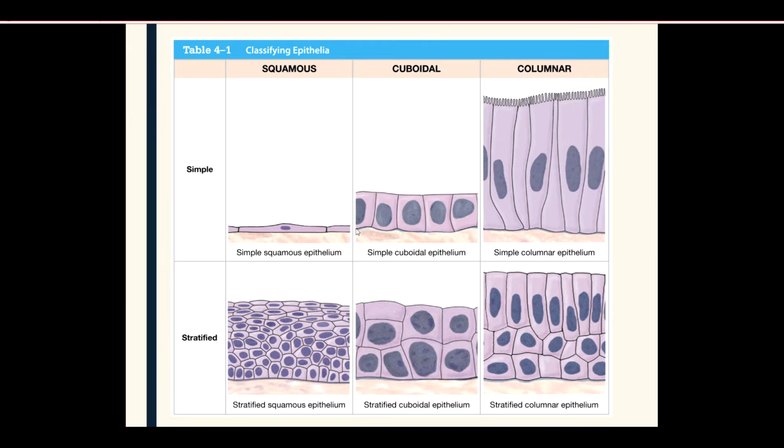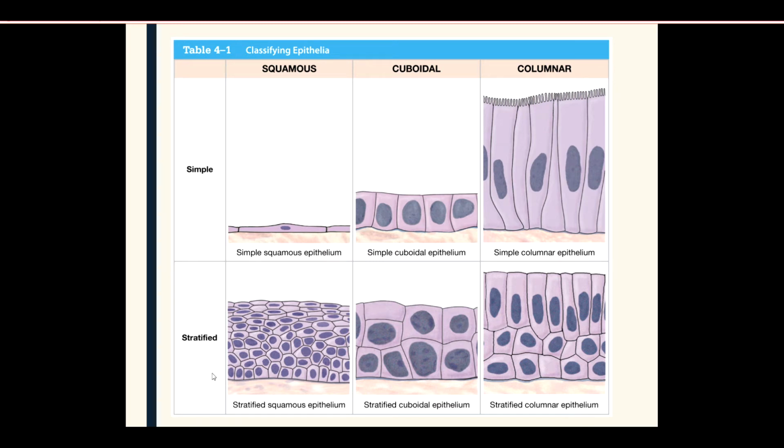Same thing here. Here's your basement membrane, and again one row of cells. Basement membrane, and then one row of cells. So all three examples here are examples of simple.